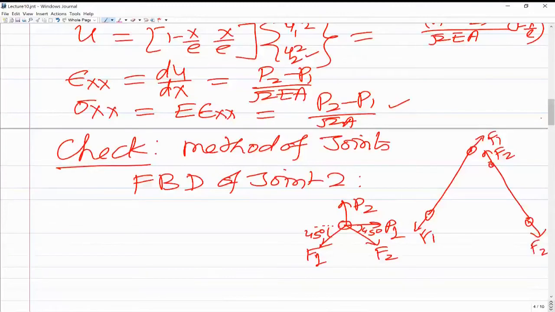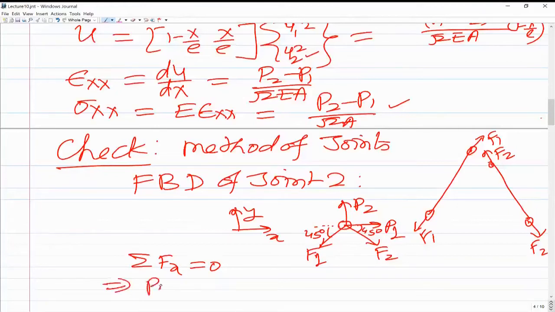So this is a method of joints, and the coordinate system is, say, this x and y. If we write the sum of forces along x direction equal to 0, because the whole truss structure is in equilibrium, each joint also has to be in equilibrium. So sigma Fx equal to 0 will give you, along x direction, the force P1.